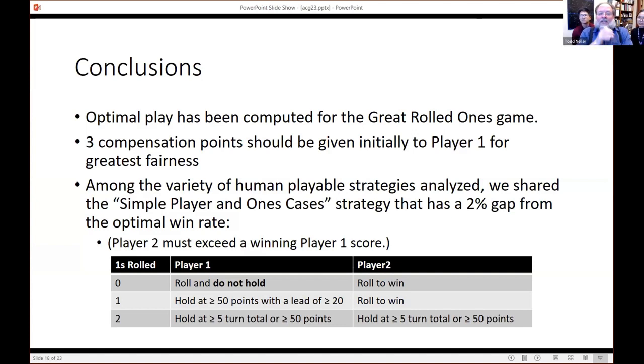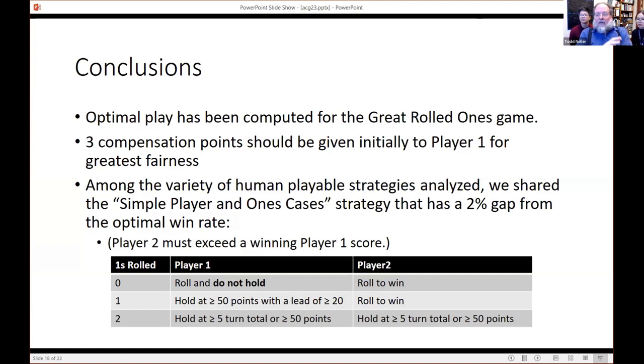So the 2% gap described here is that the approximate win rate of a simple player in one's cases strategy is 49% against optimal, which is pretty surprising given the non-linearities and subtleties of the optimal roll-hold boundary. And yet a very simple strategy performs very well against it.